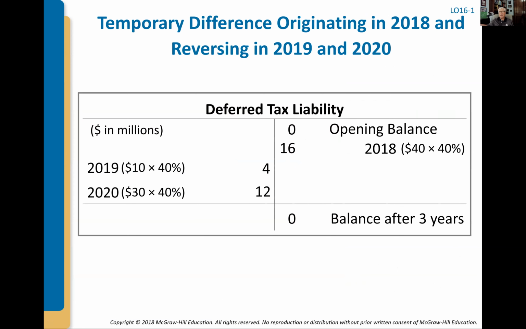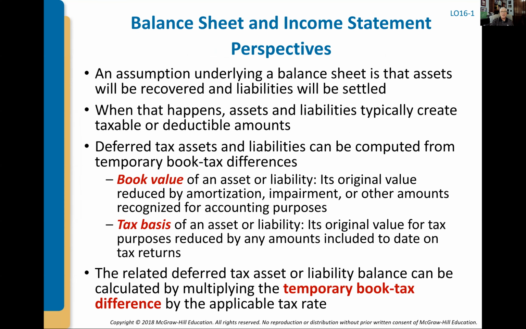Now, this is very, very simplistic. If you're in a company doing a lot of installment sales, they're all going to be at different times and going on. And so you can't track every single one of them. So we're going to look at how we can do it from the balance sheet side.